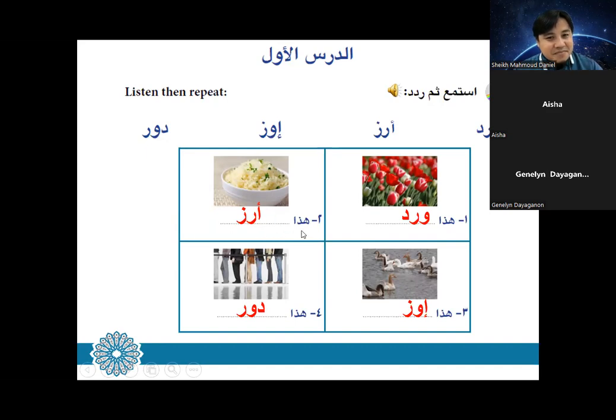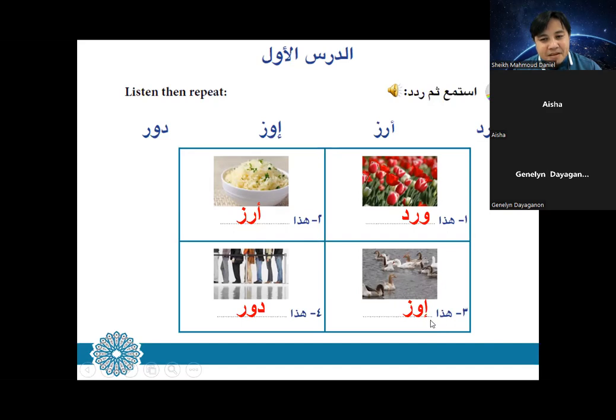Hadha aruzun or urzun. What is the meaning of this? Rice. This is rice. Number 3. Hadha iwazun. What's the meaning?